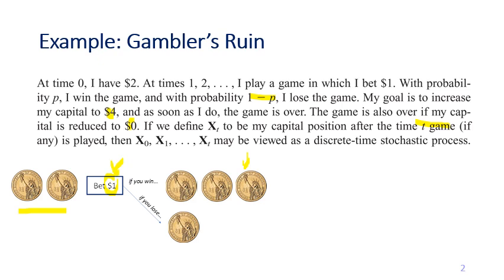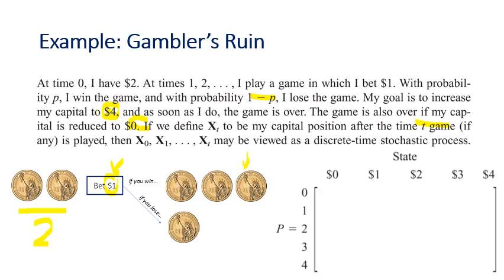At time 0, obviously your money is $2. You don't know for sure the amount of money at each time t, but what you know for sure is that the maximum is $4 and the minimum is $0. So those are the possible states, right?